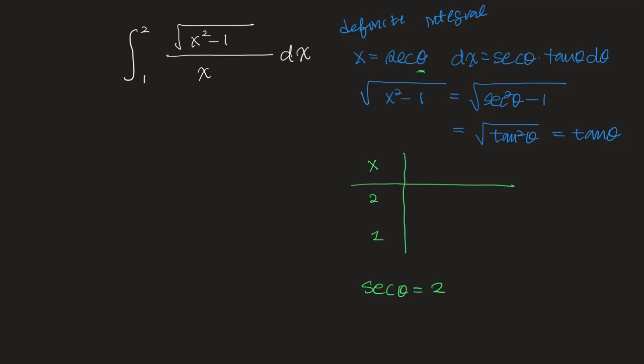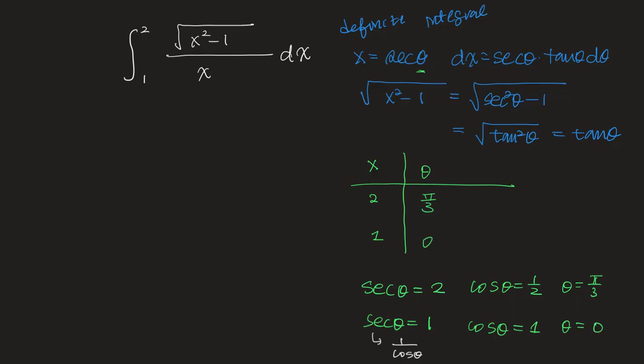Secant theta is 2, meaning cosine theta is 1/2, so theta is pi over 3. So here is pi over 3. That's the theta. For the lower bound, secant theta is 1. Anyone remember the secant definition? It is 1 over cosine theta. So cosine theta is 1, and theta is 0. Guys, make sense? So this one is 0.